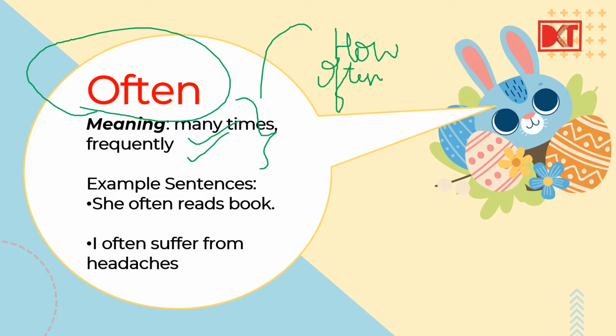Okay. So then the meaning we've done. Examples: she often reads a book. The verb, which word answers the question of how often? Often here. I often suffer from headaches. Okay. And the next example.